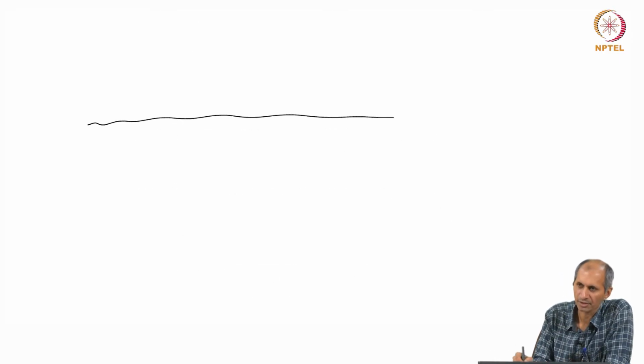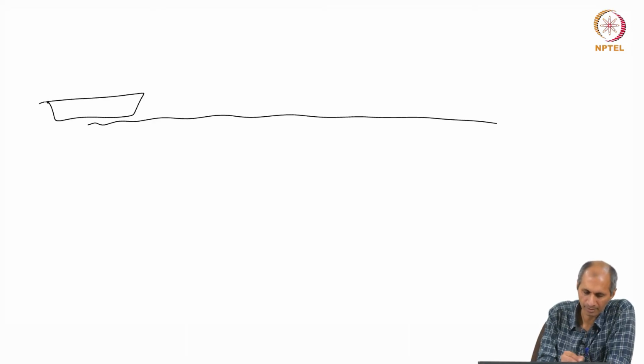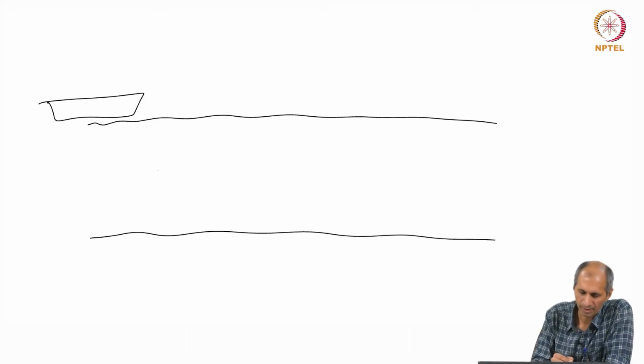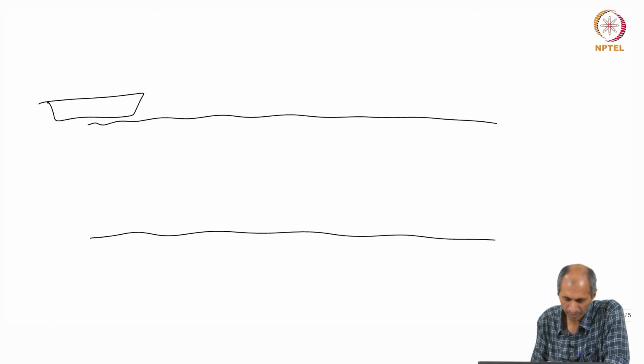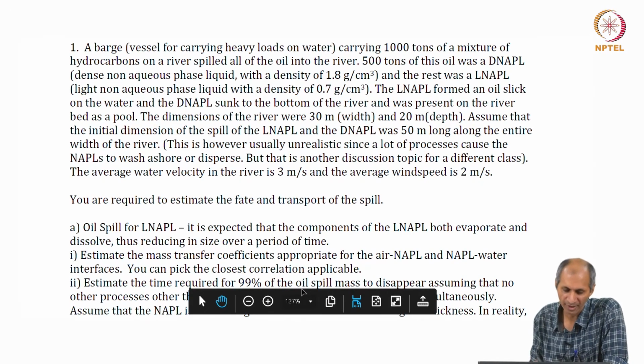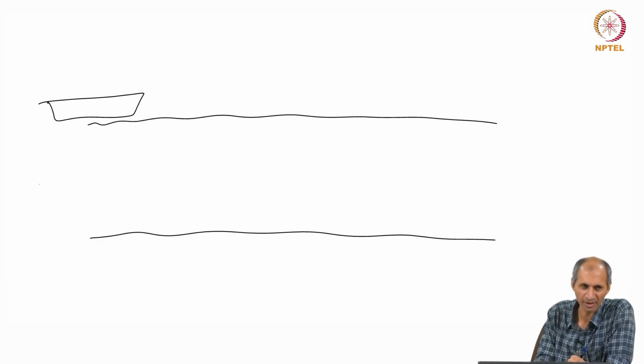There is a barge, there is sediment, and what is the system I am talking about here? It is a river, it is flowing and it spills.